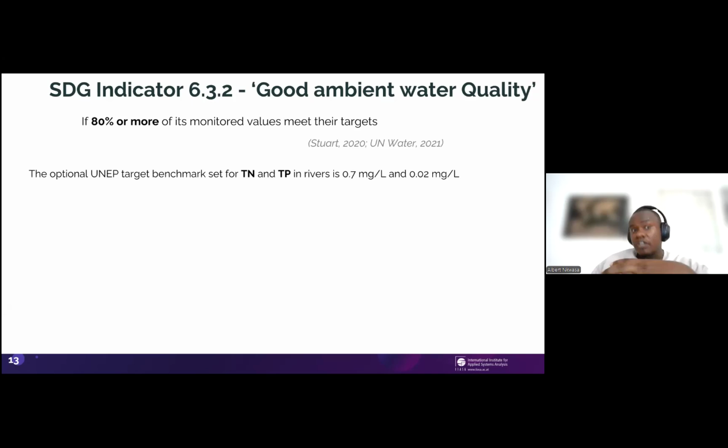But for the African continent, since we do not have these, we use the optional benchmark set by UNEP, which sets the benchmark for total nitrogen and total phosphorus at 0.7 and 0.02 milligrams per liter. And these are a bit conservative. But since different countries do not have their own set benchmarks, we focus on the optional UNEP target benchmarks.